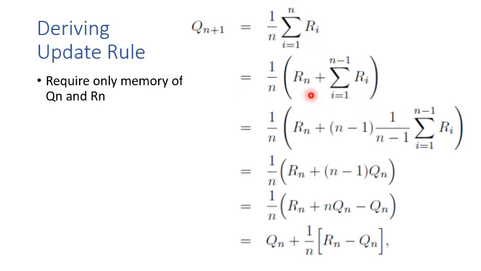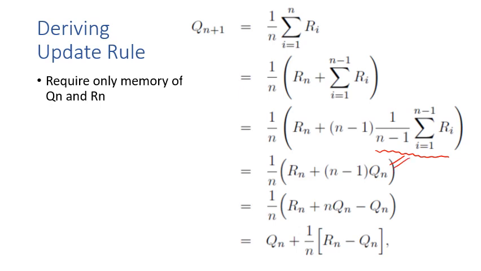And we can separate the Rn from the sigma and make the final Ri as n-1. Then we can multiply with n-1. We can add this extra term. So actually, this item is equal to Qn, right?